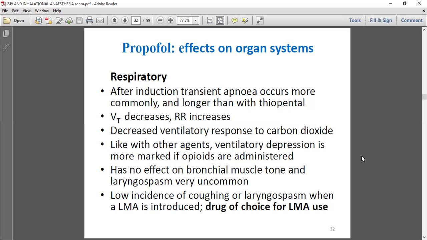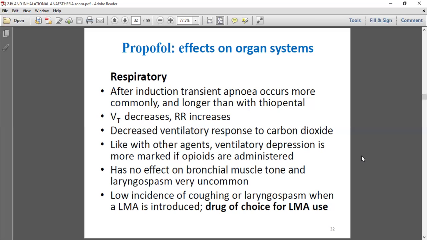The ventilatory centers in our body are stimulated by the presence of carbon dioxide to stimulate breathing. So if you have reduced response to carbon dioxide, that means you'll have respiratory suppression. Like with other agents, ventilatory depression is more marked if opioids are administered. If you give it together with opioids, you'll have a worse effect.